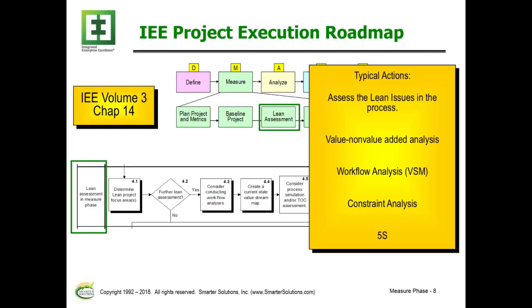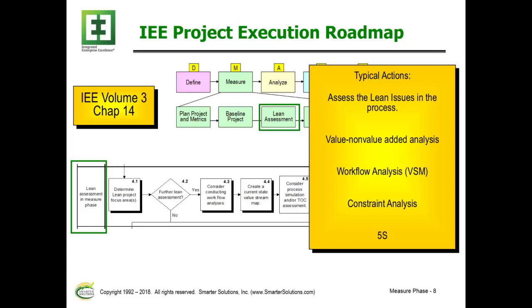If we move on to Lean assessments, then we want to see if Lean tools are appropriate for our particular project. Sometimes Lean tools are more appropriate than other times. If we're looking at lead times and things like that, where we're looking at workflows, then Lean looks like a good tool that we might want to use, because what we want is the right tool for improving that metric.